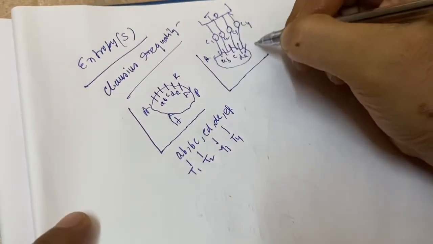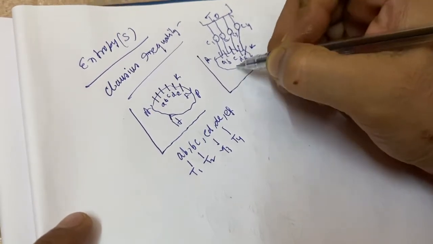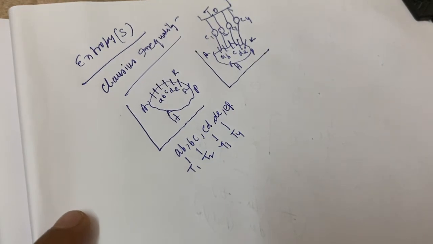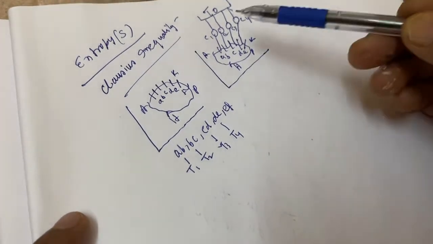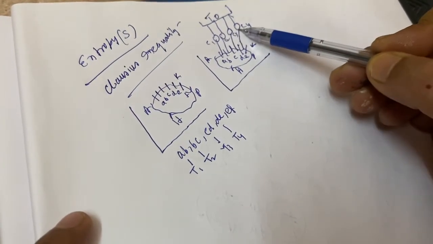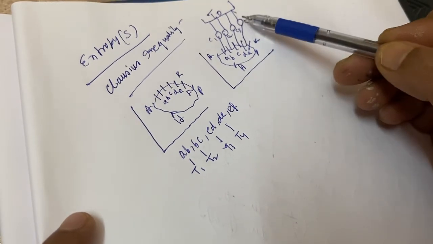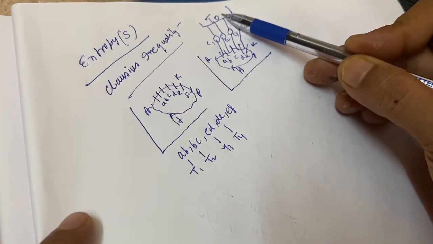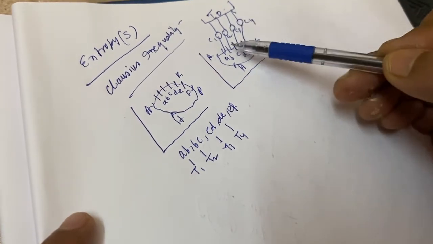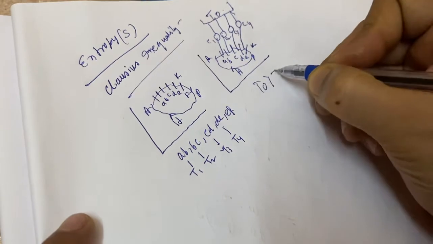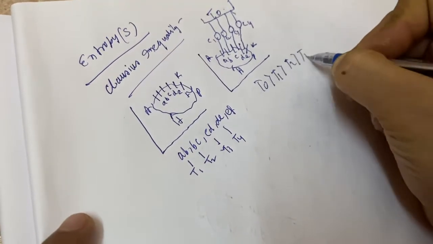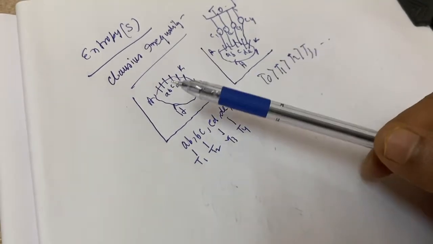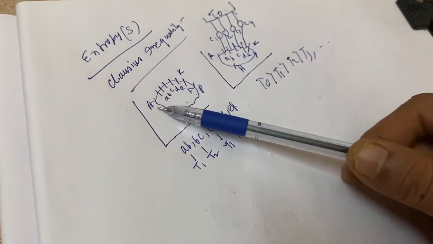This is the same AKBHA cyclic process. We consider a number of Carnot engines C1, C2, C3, C4 working between the reservoir at temperature T0 and the small steps, where T0 is greater than T1, T2, T3. So this is a cyclic, reversible process.